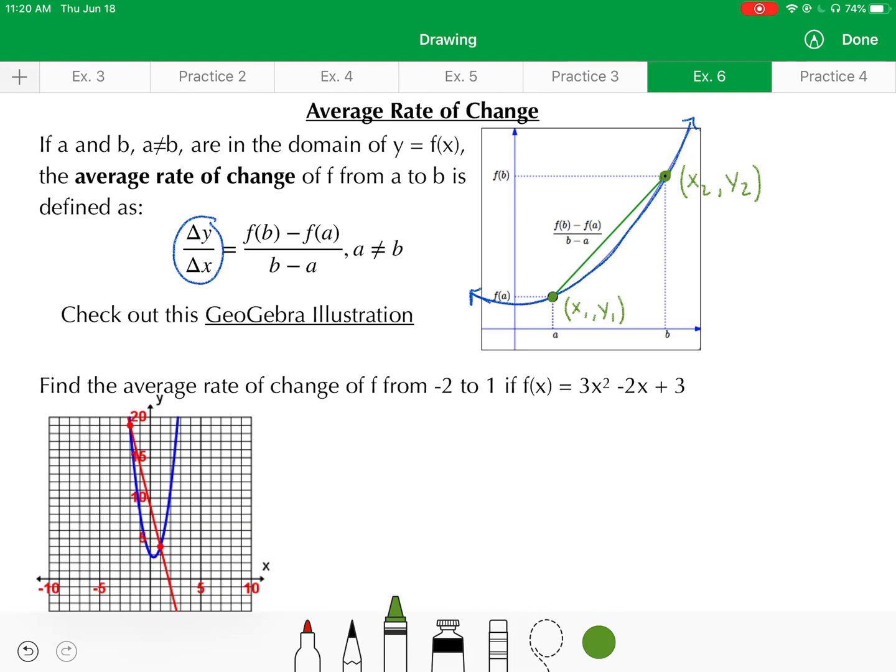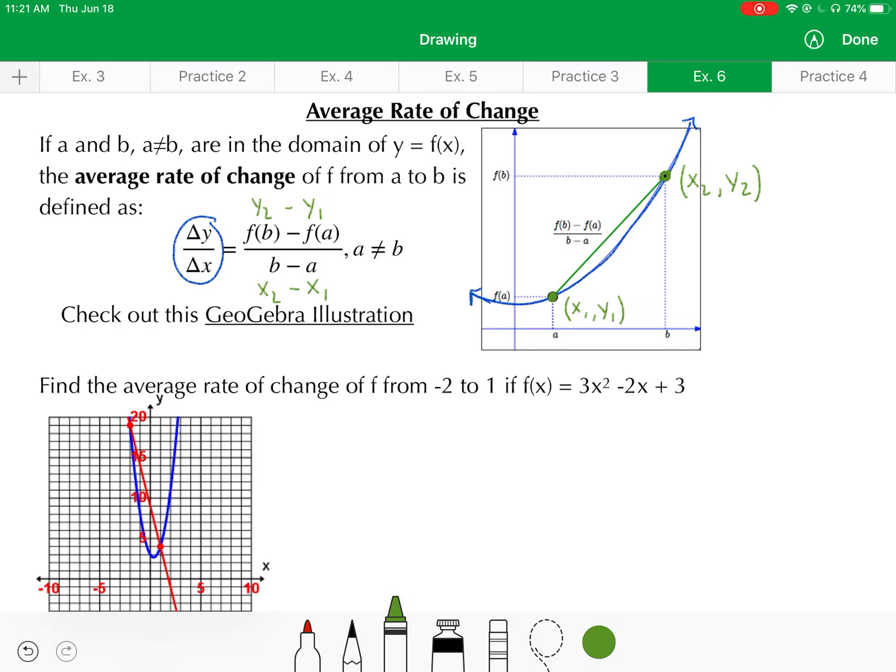Okay, so if we go back to this fancy formula, f of b is the same thing as y sub 2, and f of a is the same thing as y sub 1. So we're doing y sub 2 minus y sub 1. b is the same thing as x sub 2, and a is the same thing as x sub 1. So we're doing x sub 2 minus x sub 1.